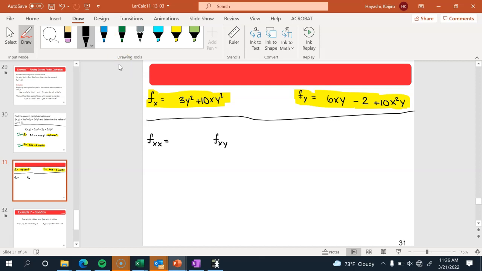Now the derivative of this with respect to x, meaning everything that's not x is a constant: this first term goes away completely. We take the derivative of the second term with respect to x. The x differentiates to a 1, and we get 10y squared.